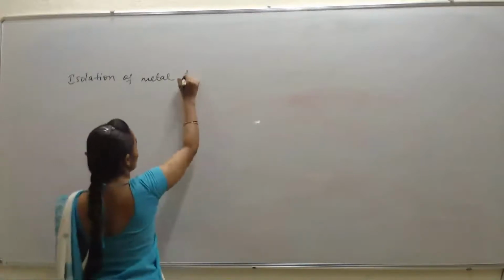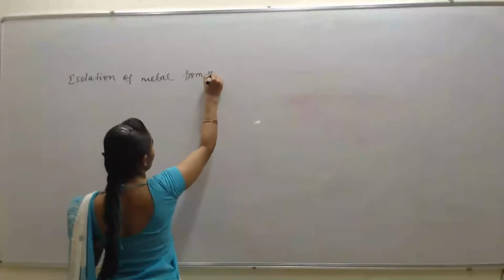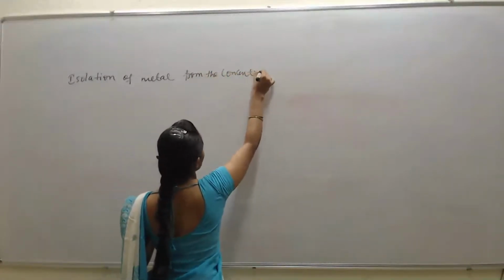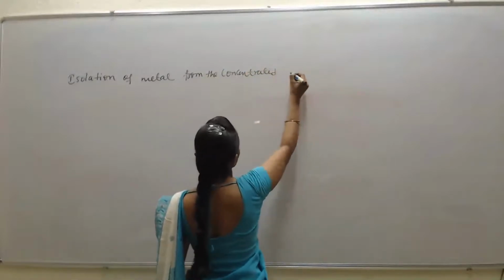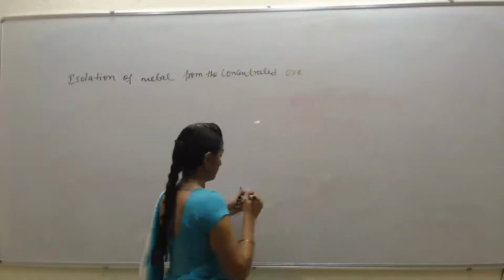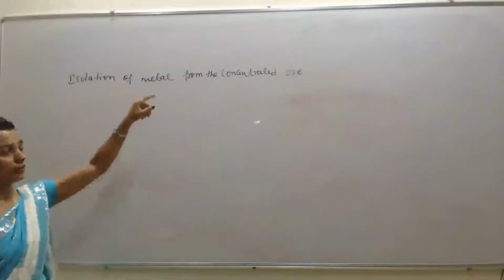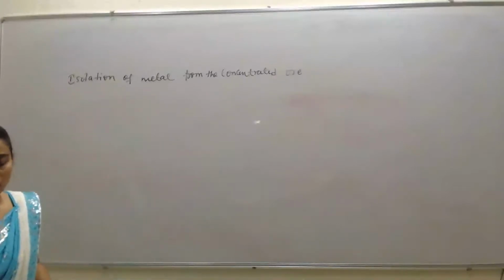You write here concentrated ore, because in the first step we did concentration of the ore. So isolation of metal from the concentrated ore.